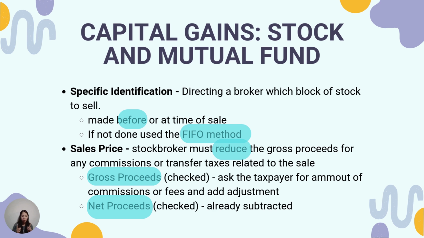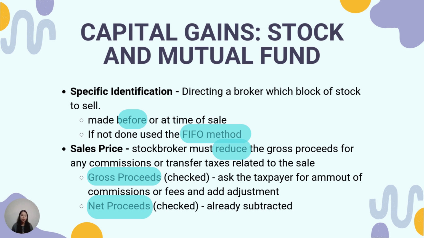And if it's not noted on their Form 1099-B, then we assume that they use the FIFO method. This means first in, first out. Meaning if you're selling a share of stock, the first share you bought is the first one to go. So in this case, if we're using the FIFO method, it would be the $300 share of stock, because that one was the first one we bought.